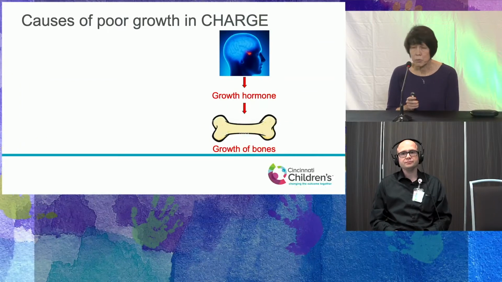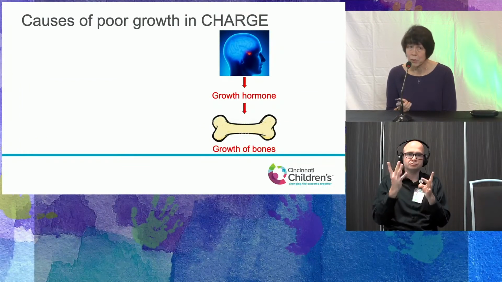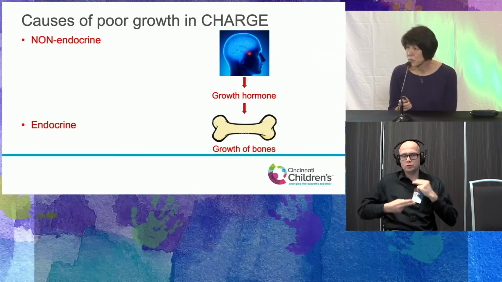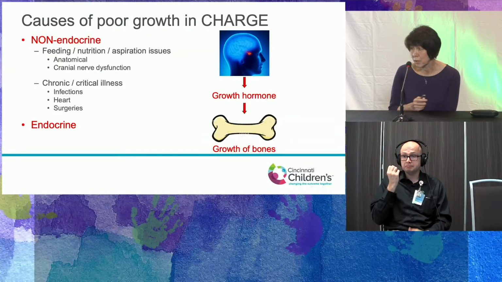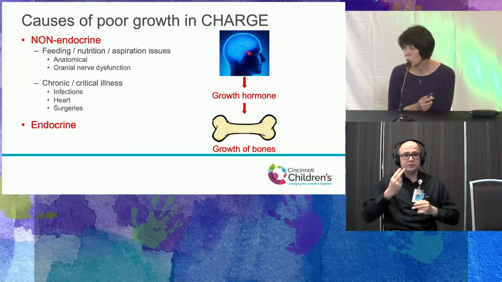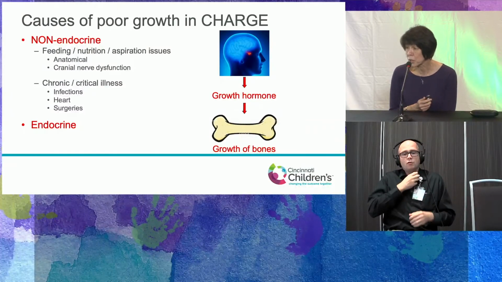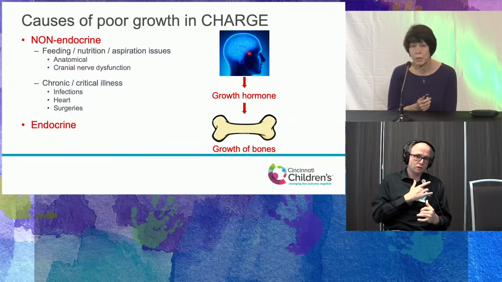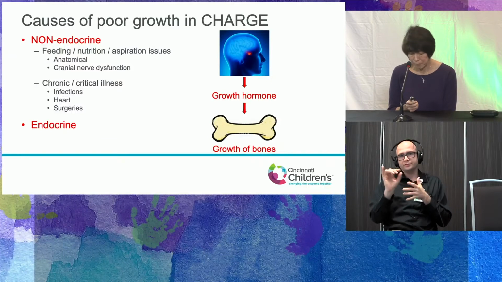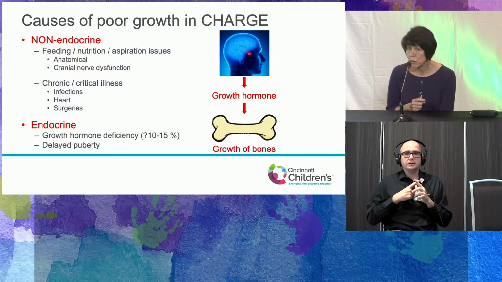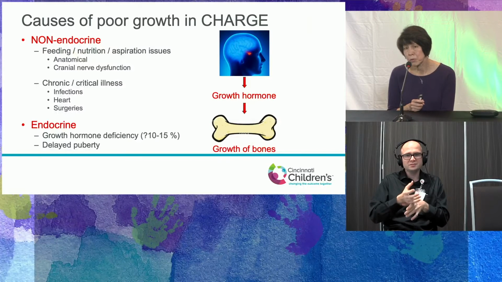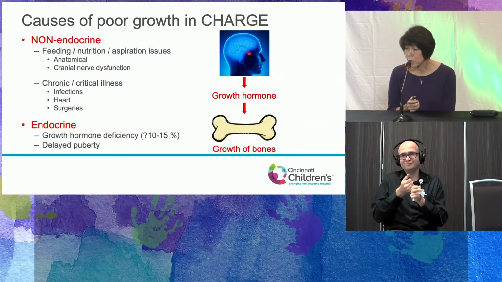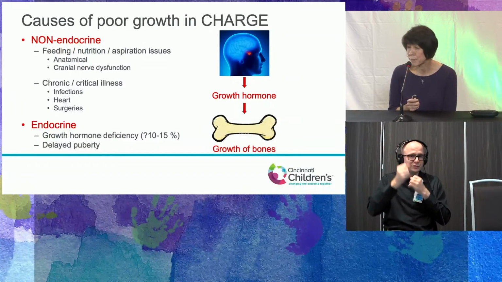So what are the causes of poor growth in CHARGE, if only a minority have growth hormone deficiency? You can see here, many of them are non-endocrine. They may be related to feeding or aspiration issues or nutrition, or other health issues such as heart problems, surgeries, or infections. In terms of endocrine causes, about 10 to 15% may have growth hormone deficiency, and later on, puberty may factor in as well.